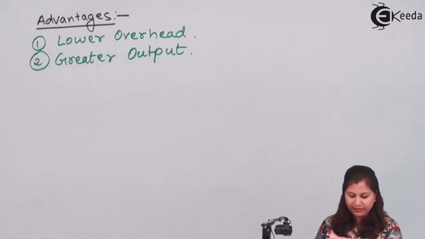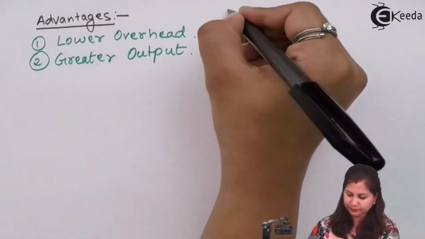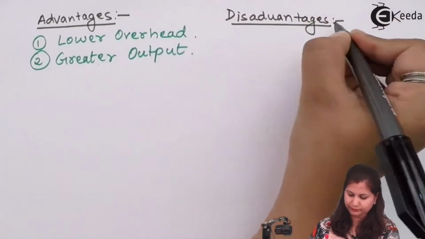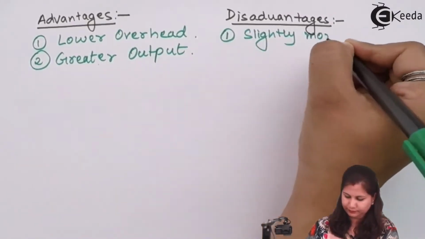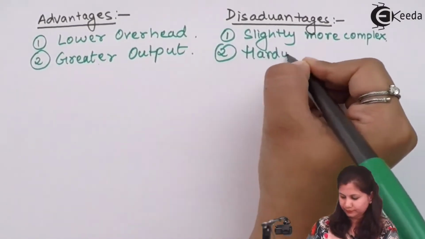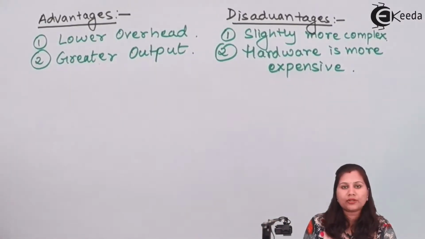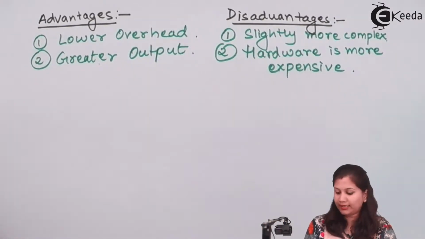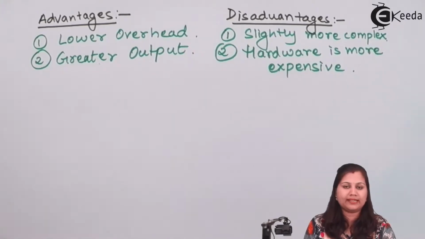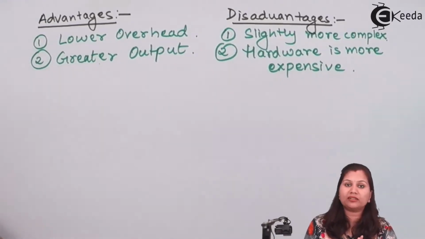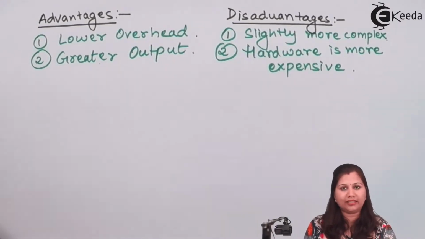Now talking about the disadvantages. The disadvantages of synchronous data transmission are that it is more complex than the asynchronous one, because here we have to transmit the clock pulse and the data also.